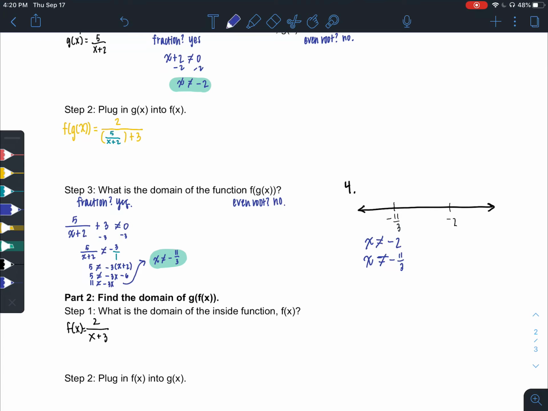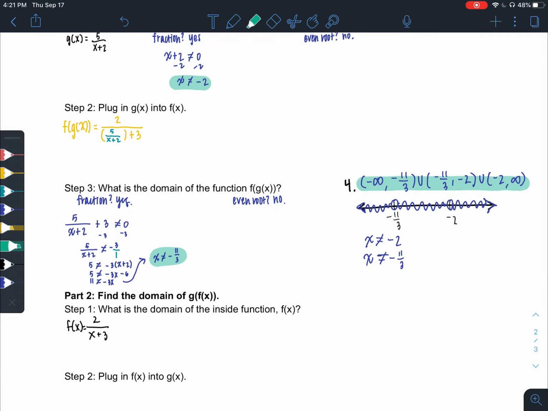So when we graph, we have an open circle on both, but everything else gets filled in. So then when we put this into interval notation, we get negative infinity to negative 11 over 3, negative 11 over 3 to negative 2, and negative 2 to infinity. And that right there is our answer.